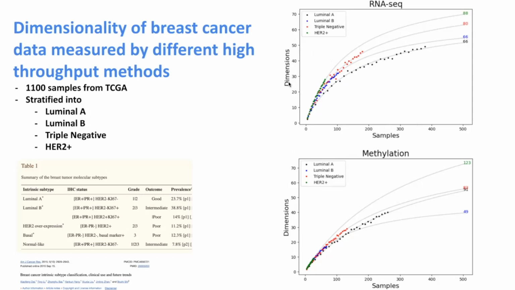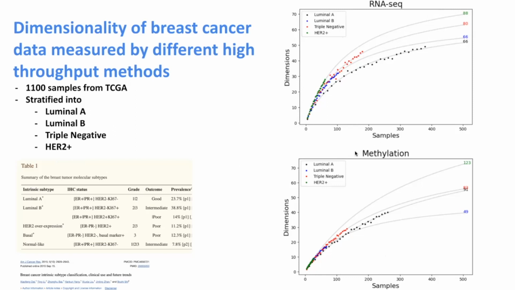So we can extrapolate how many dimensions we would need if we had an infinite amount of luminal A samples. So it's a fun way to do that. And so you can see that luminal A had the lowest predicted dimensionality, and then subtypes like HER2 positive seem to have the highest dimensionality.